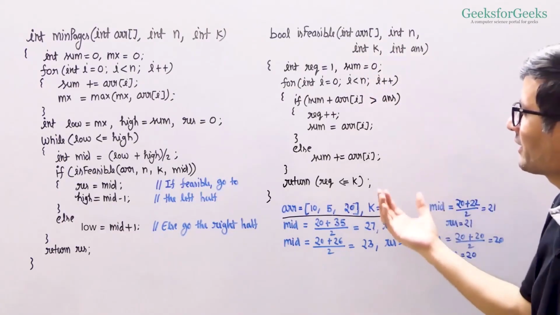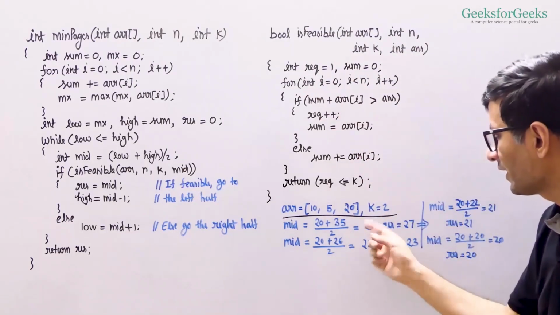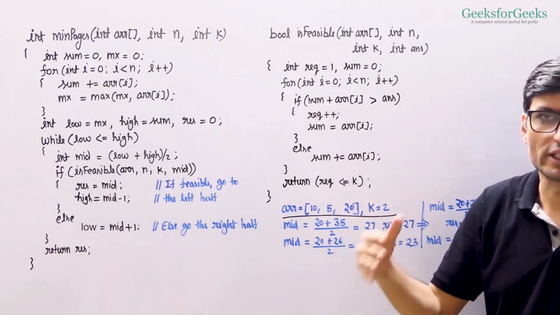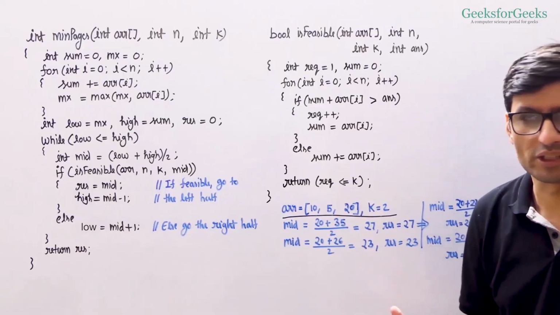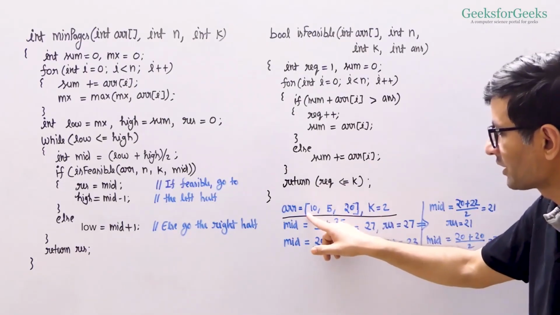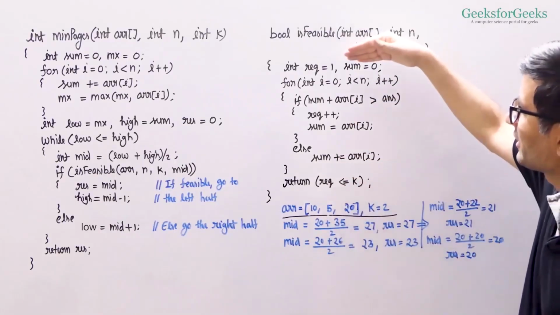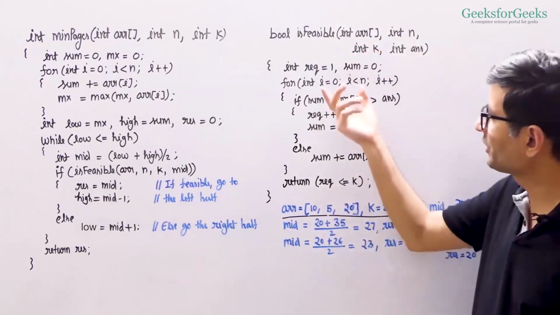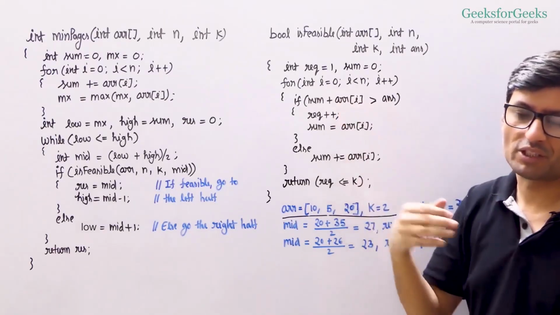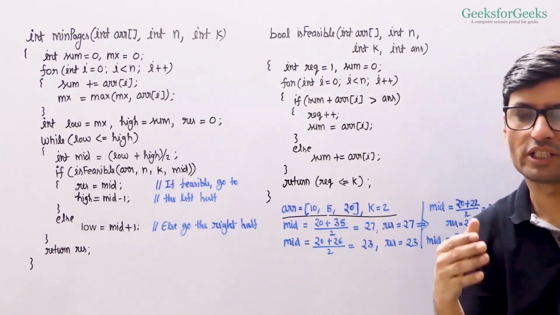And what this function does, it simply traverses through the given array and checks how many students are required when no student gets more than 27 pages to read. And how does it find out the required students? It simply traverses through this array, right? So it initializes the current sum as 0, then traverses through the array, and for every element ARRI, it checks whether we can include ARRI in the current sum or not.